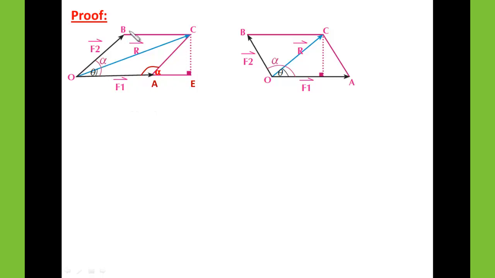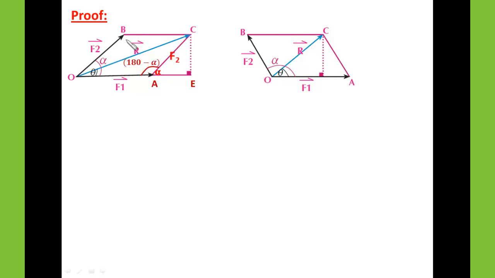If the angle BOA equals alpha, then the measure of angle CAE equals alpha, as OB is parallel to AC. So the measure of angle CAE equals the measure of angle BOA because they are in corresponding positions. If the measure of angle CAE equals alpha, then the measure of angle CAO equals 180 minus alpha.